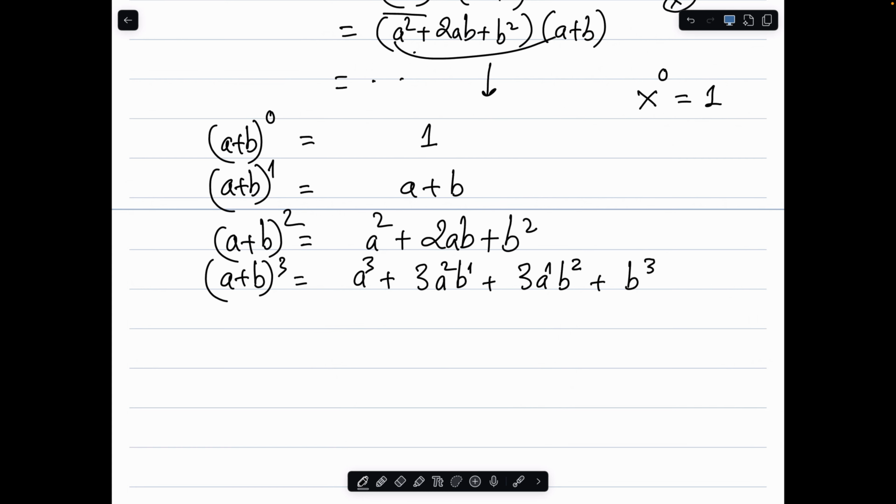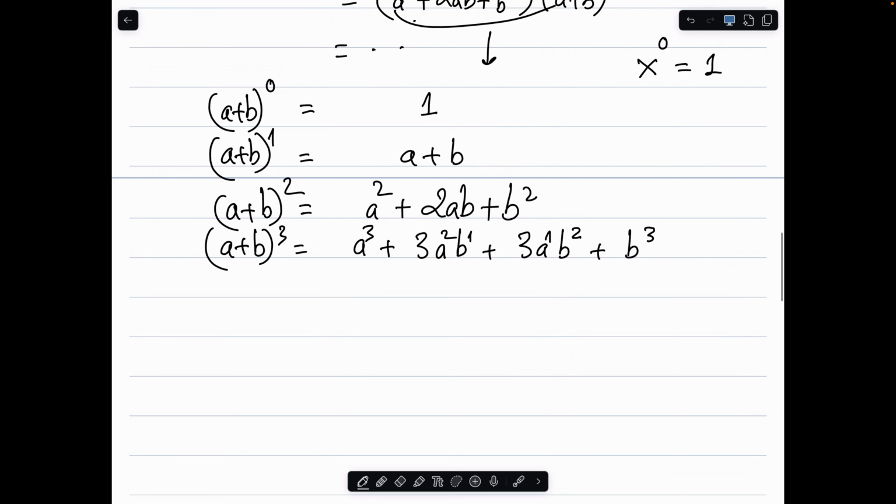If you write this one, and because a and b can be s and y, right? Can be c and d, can be m and n, right? These are just the names or the labels we assign to the two numbers. So what is important are not the labels a, b, but the coefficients.